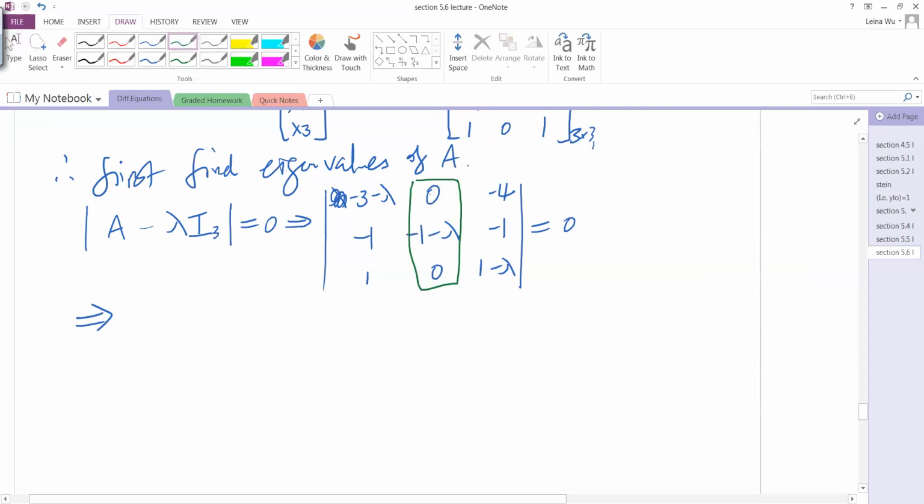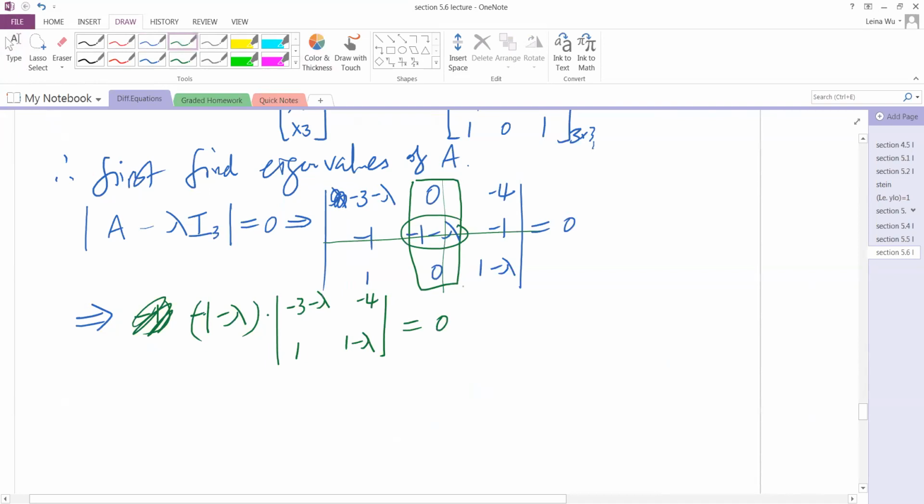So we're going to do cofactor expansion along column 2, which we notice has 2 zeros, so we just need to do negative 1 minus lambda times its cofactor. So it's going to be the remaining determinant. You take out this row, take out this column, getting -3 minus lambda, -4, 1 minus lambda equals 0.